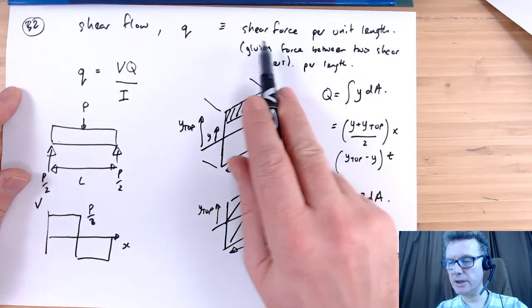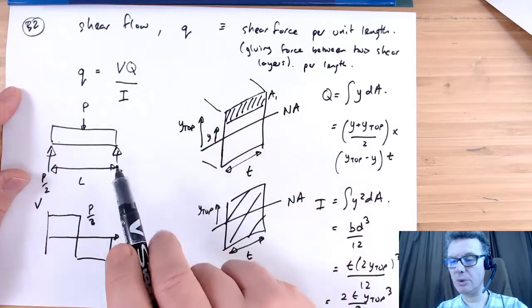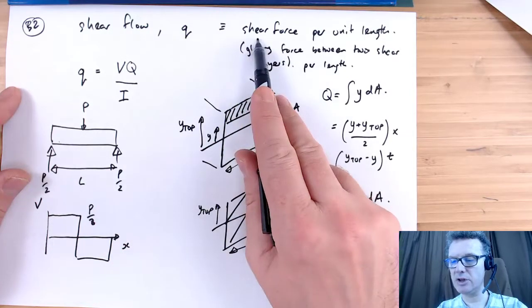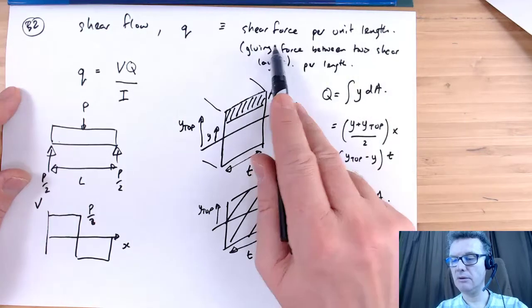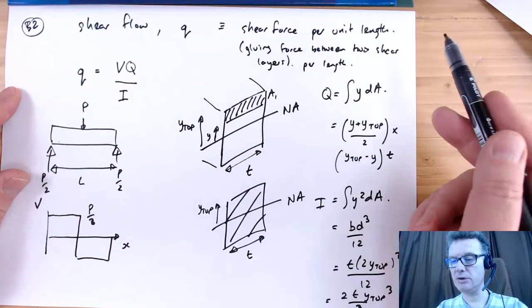So if I take Q and now divide it by T, I'm going to get shear force divided by area. Force divided by area is stress.